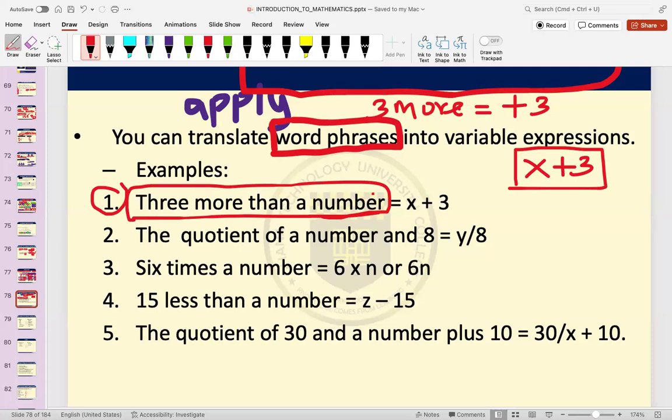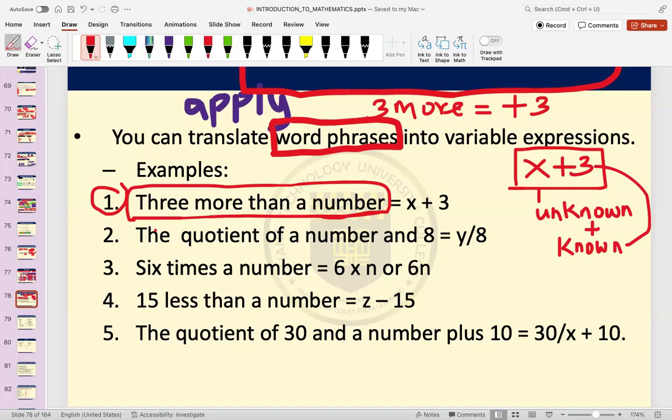We don't know the number, so we use X to represent. And this is where the alphanumerics comes in. We have an alphabet which is representing what we don't know. And then we also have 3 that is representing what we know. So a combination of what we don't know and what we know is the statement we have made here.